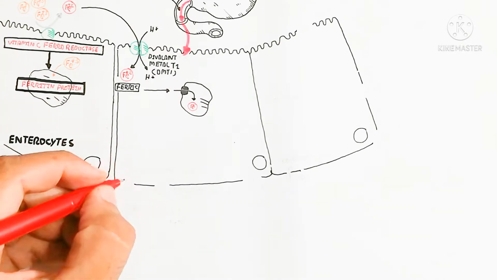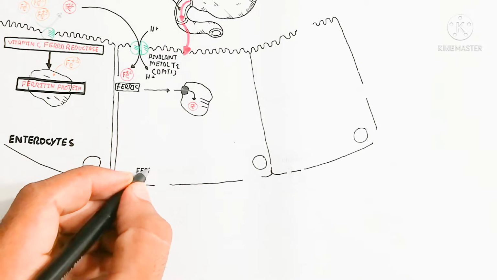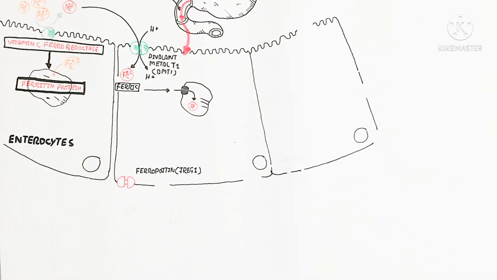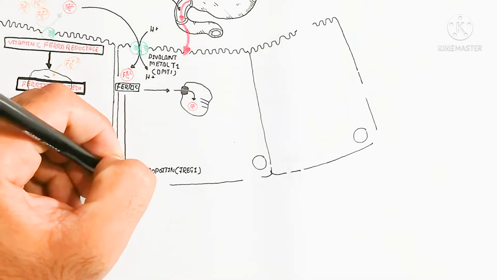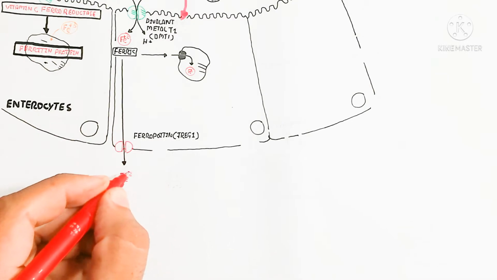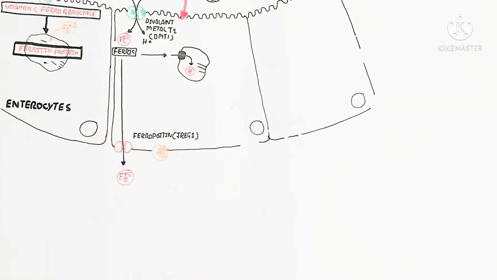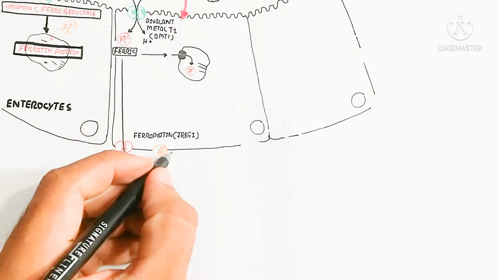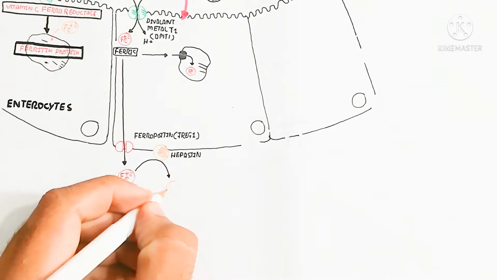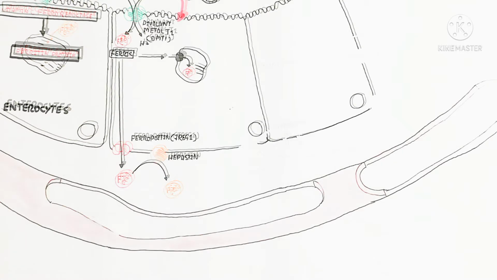This ferric goes into the ferritin globule or moves into the interstitial space by the ferroportin protein-containing channel. After moving into the interstitial space, it will again convert into ferrous. Why? Because that is the shuttle mechanism: ferrous converts into ferric and again into ferrous.